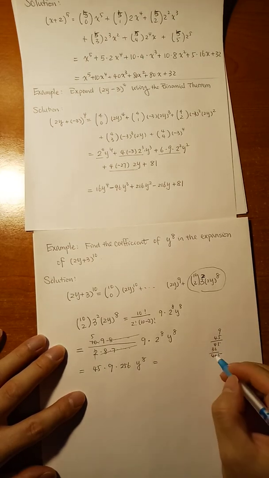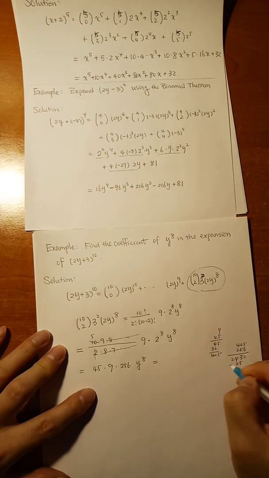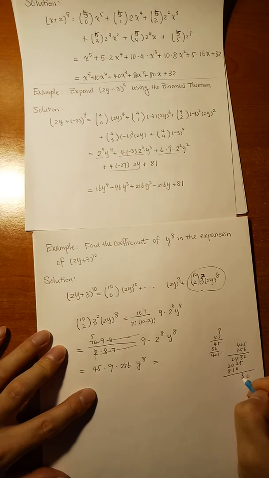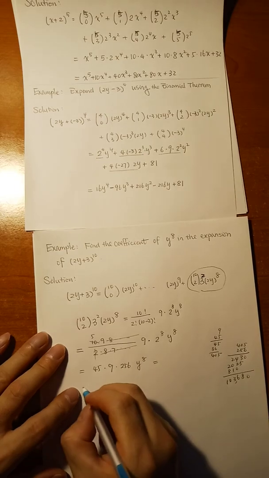The product of the first two is 405, and 405 times 256 is 103,680. Yeah, I'm right.